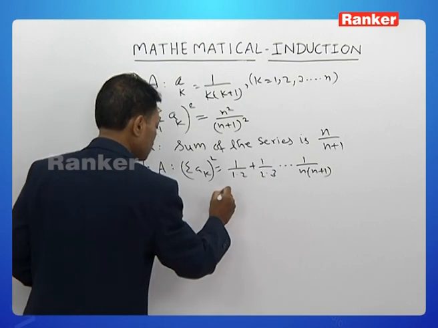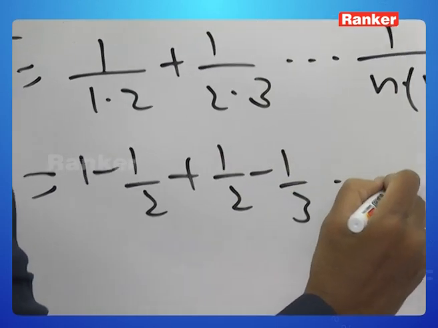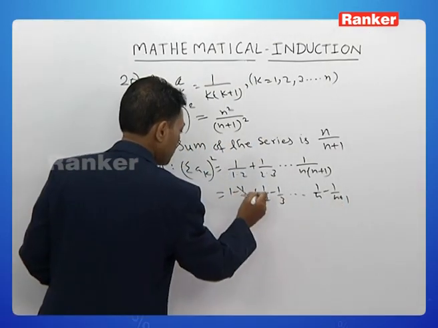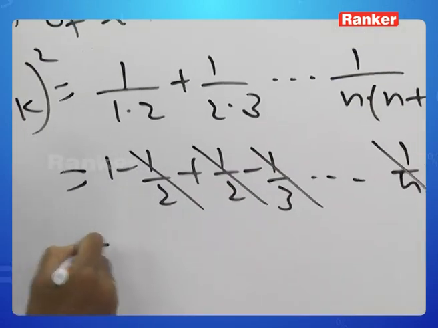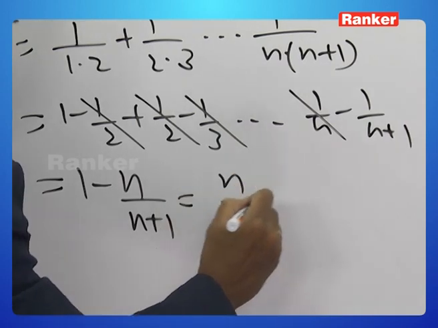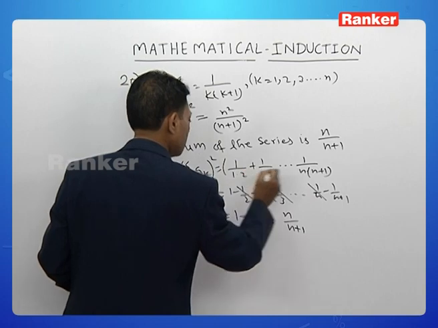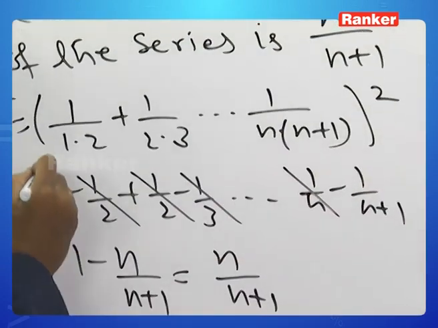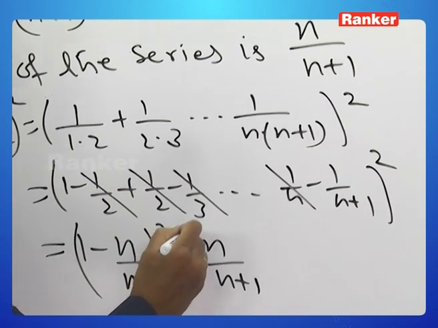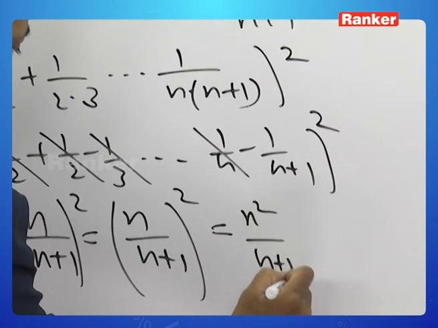If you simplify, 1 minus 1 by 2, 1 by 2 minus 1 by 3, up to 1 by n minus 1 by (n plus 1). If you cancel all terms, the first and last will be there. That is n by (n plus 1). Now, this is given with a square, so let us use the square. If you apply the square, what you get? Yes, you are getting n square by (n plus 1) whole square.